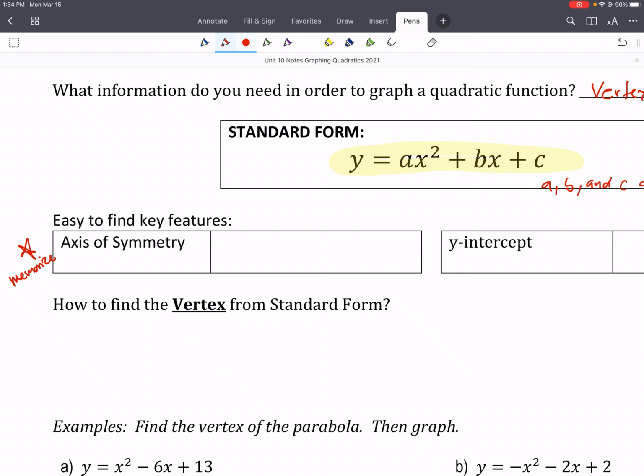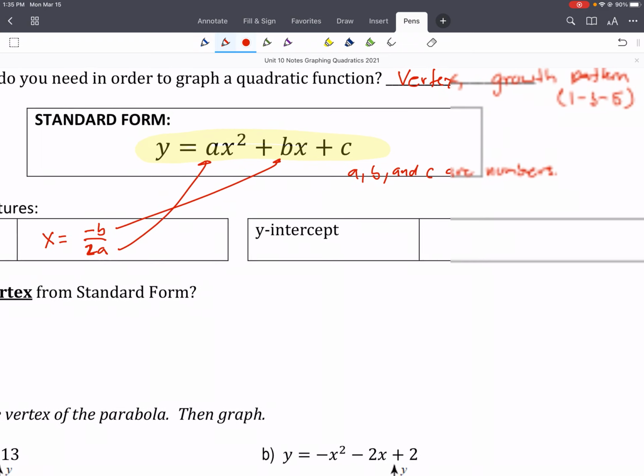The axis of symmetry is x equals, it's always x equals because it's a line, but to find it from the equation, it's always going to be -b over 2a. And the b and the a come from what's in standard form, ax squared plus bx plus c. So whatever b is and whatever a is, we'll just plug that in, and that gives us our axis of symmetry.